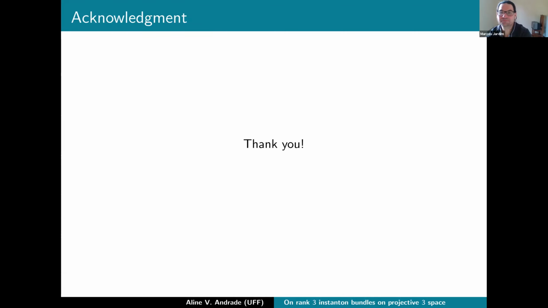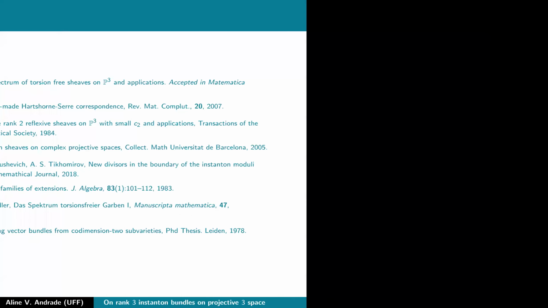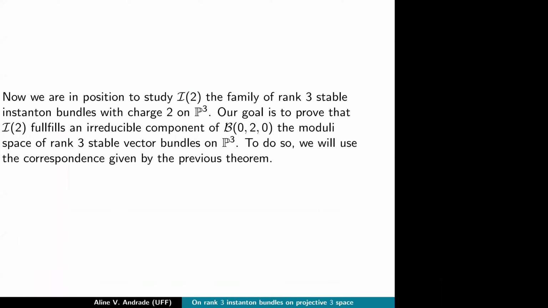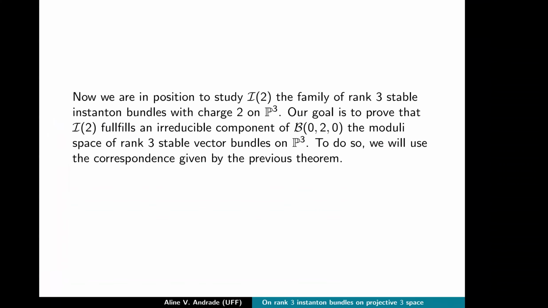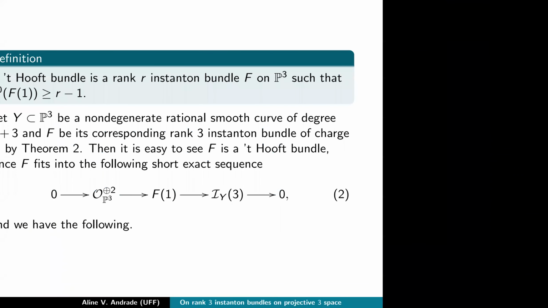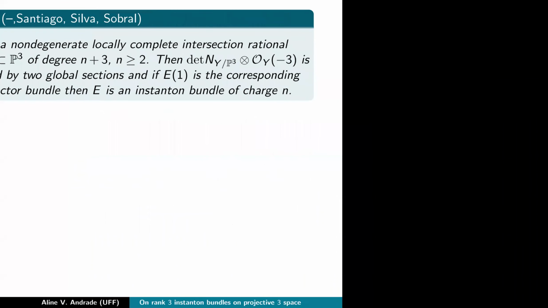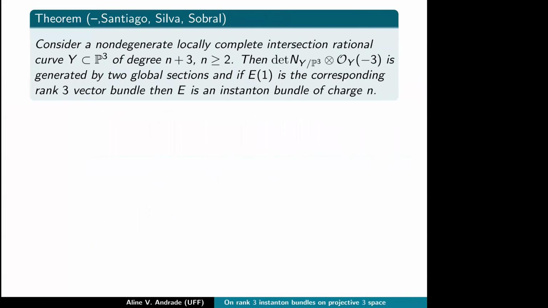At the beginning, at some point where she first stated the correspondence between bundles and curves, the Hartshorne-Serre correspondence, at some point you wrote a relation between the normal bundle N and the line bundle on the curve.